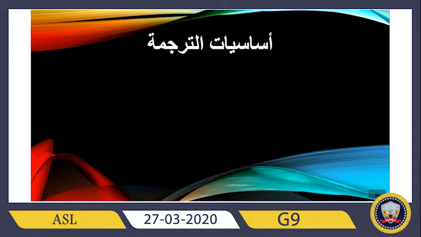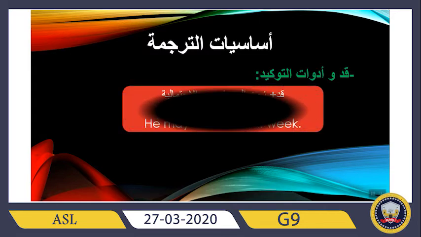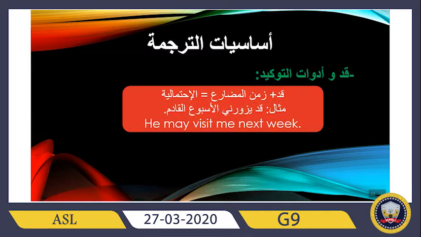الأساس الثالث والأخير قد وأدوات التوكيد. ليكن في علمكم أن قد وأدوات التوكيد لا يمكن ترجمتها ولا يمكن إيجادها في اللغة الإنجليزية، لكن يمكننا الاستعانة بها لمعرفة زمن الفعل. مثال: في المثال الأول قد زائد زمن المضارع تعطينا الاحتمالية. في مثال: قد يزورني الأسبوع القادم. So if we translate it, it will be like this: he may visit me next week.